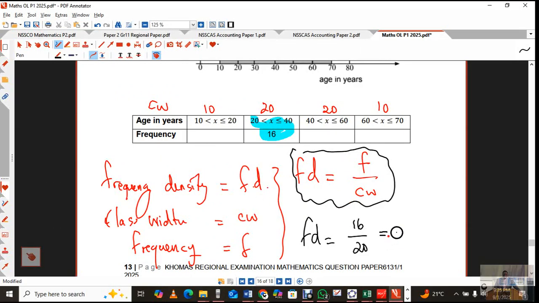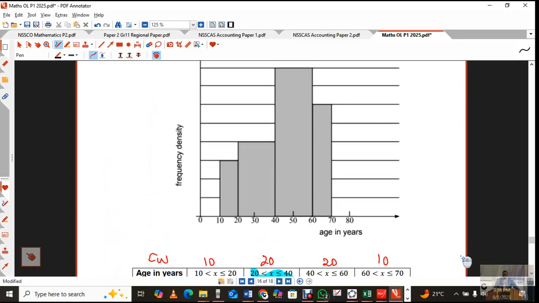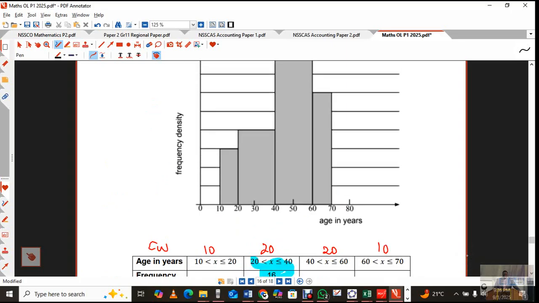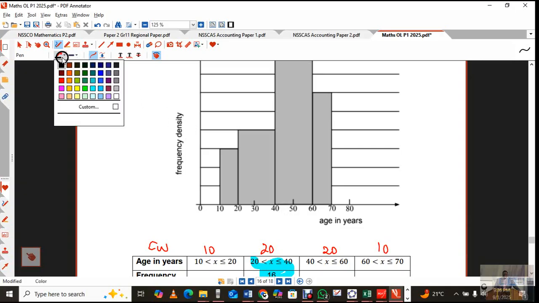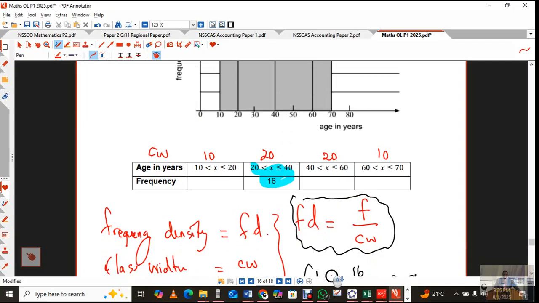So this is 0.8. So when I go to my diagram, for this class interval between 20 and 40, this is now 0.8. Are you with me so far? That's what you have.